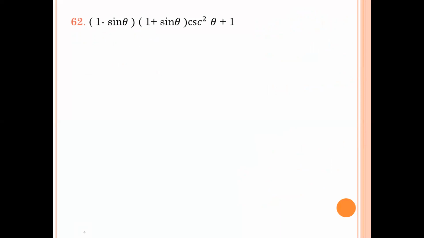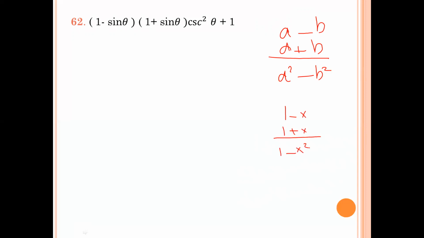Now number 62 here. 1 minus sine theta times 1 plus sine theta times cosecant squared theta plus 1. Now, before I talk about sine and cosine, if you multiply a minus b times a plus b, what will you get? You will get a squared minus b squared. If you multiply 1 minus x times 1 plus x, what will you get? 1 minus x squared.